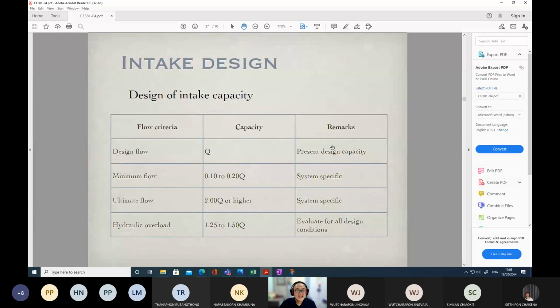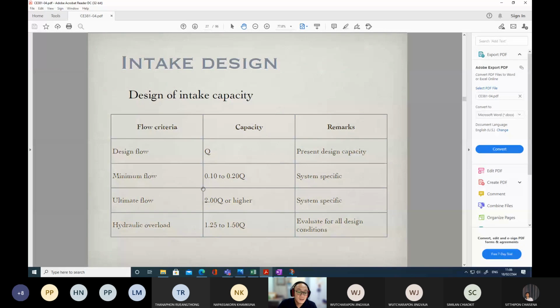Talking about the design intake capacities, if the design is given as a Q, this is the present capacity. We need to think about the flow in the future, and we have to think about the minimum flows or the peak flows, which sometimes we call the ultimate flows.